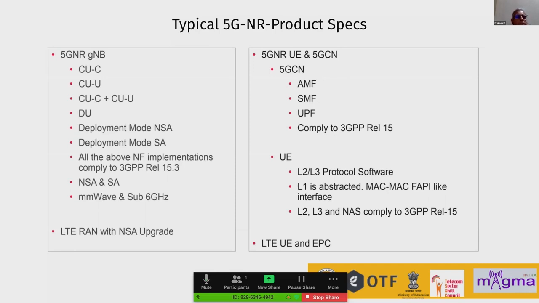Then we go to the intermediate part, which is the gNB or the radio part. If you have 5G new radio, the gNB is the name of that. Instead of eNodeB, it is gNodeB, and the BBU, basically the baseband unit, is split into three parts: CU, DU, and RU. That is the central unit, distributed unit, and the radio unit.